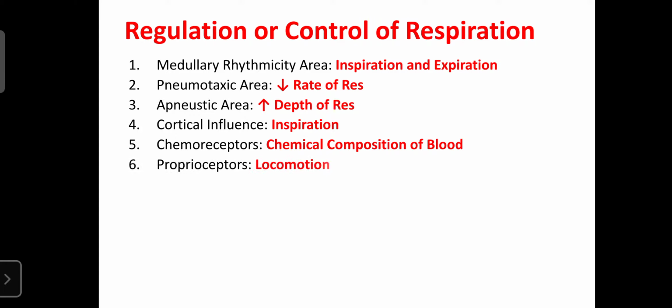Next one is the proprioceptors. Proprioceptors are mainly present in the legs. Their major function is to note the changes and movements of the legs and send information to the cardiovascular center or brain.